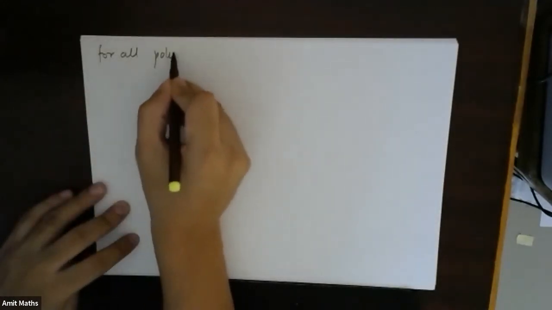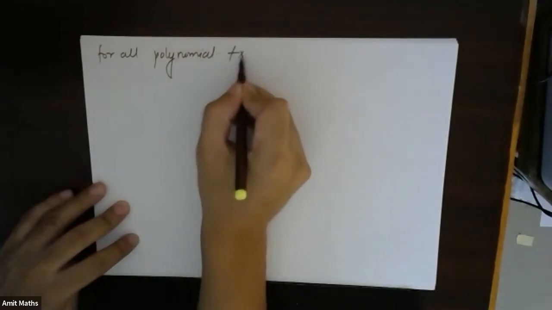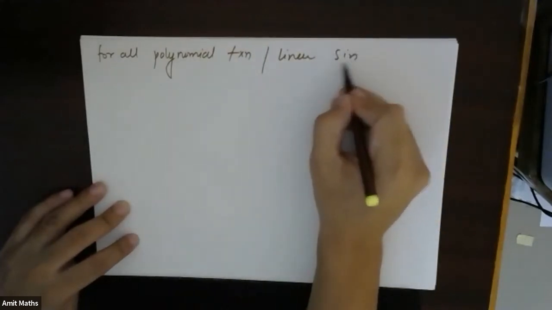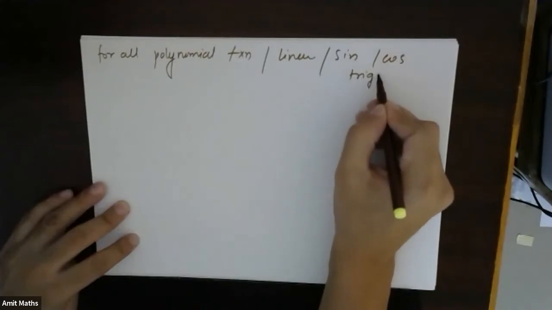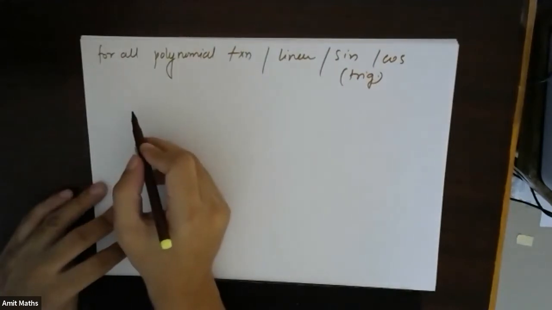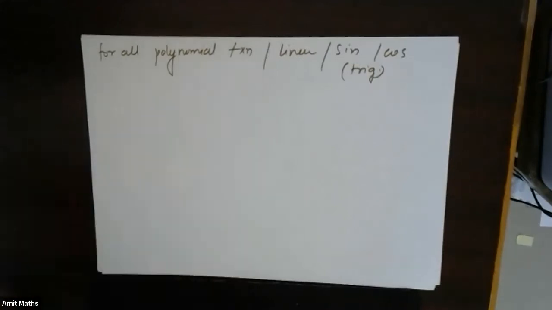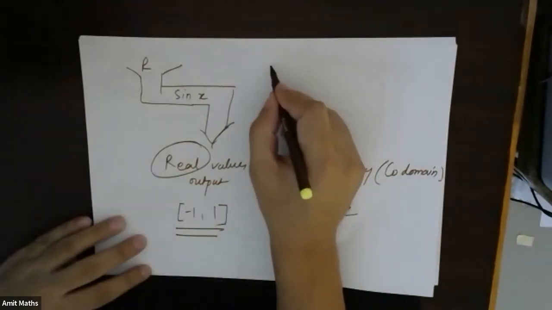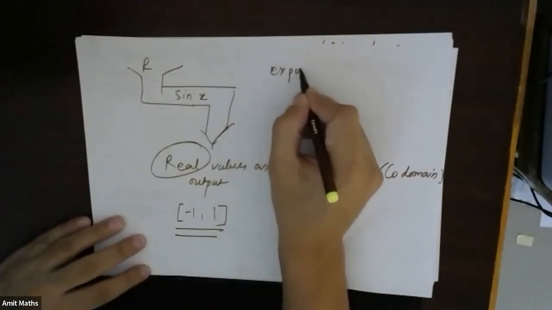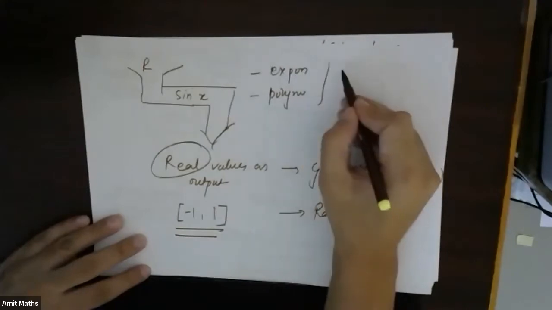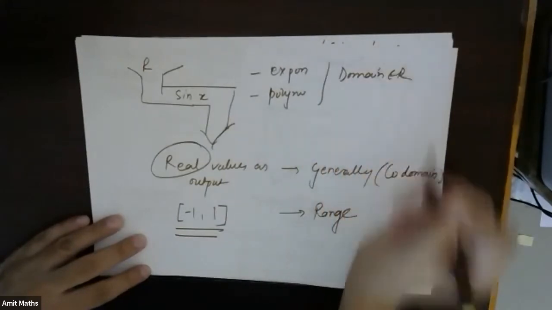For all polynomial functions, or a linear function, linear is also a form of polynomial, or sine function, cos function, or trigonometric functions, and also exponential functions, we know that the domain will belong to real numbers.